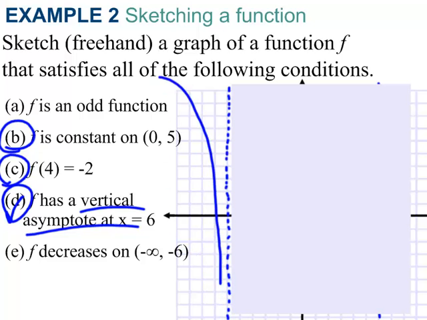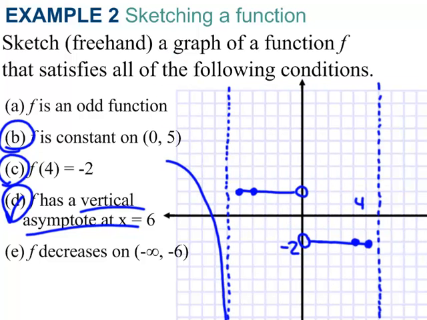As long as it's decreasing, it doesn't really matter where I draw it. So I'll just leave it like that. And if I leave it like that, then I just need to make sure it's still symmetric. So it must also be decreasing from 6 to positive infinity, something like that.